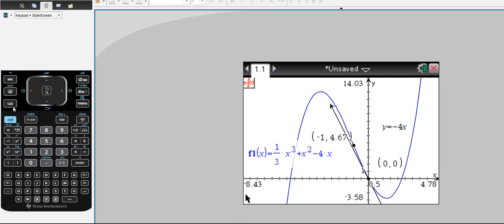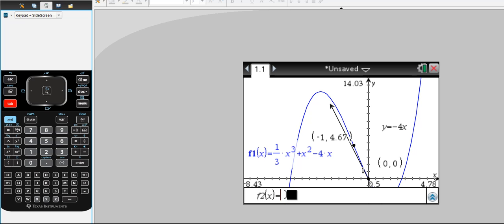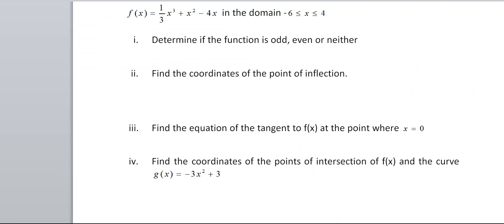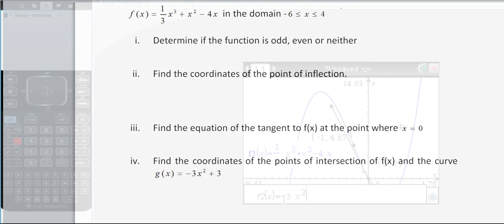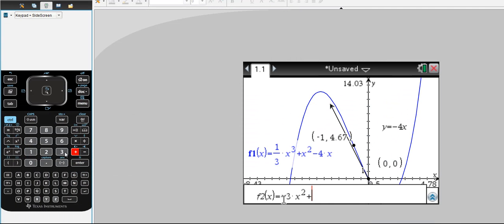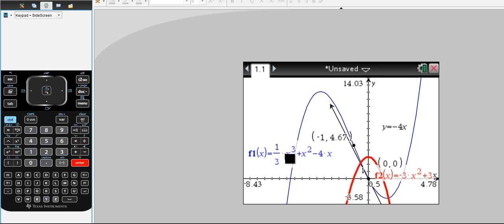We just click tab, and we have the second function. Minus 3 times x squared plus 3. Press enter. Okay, it looks like this.